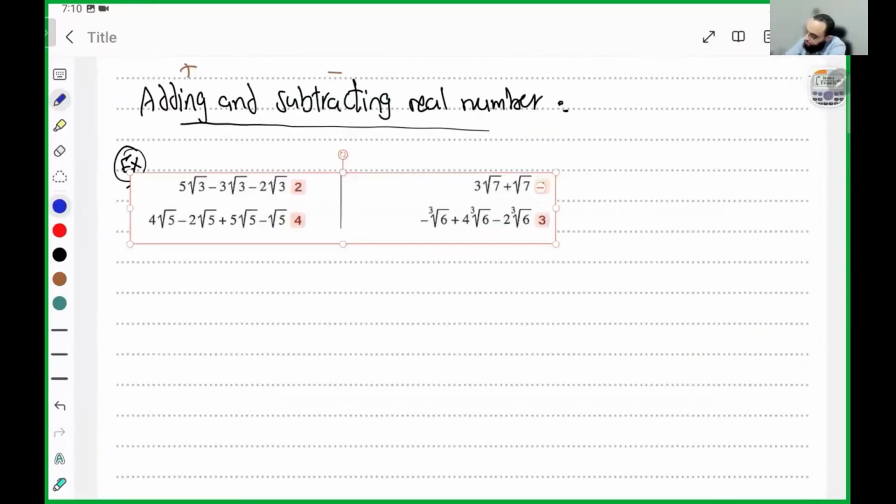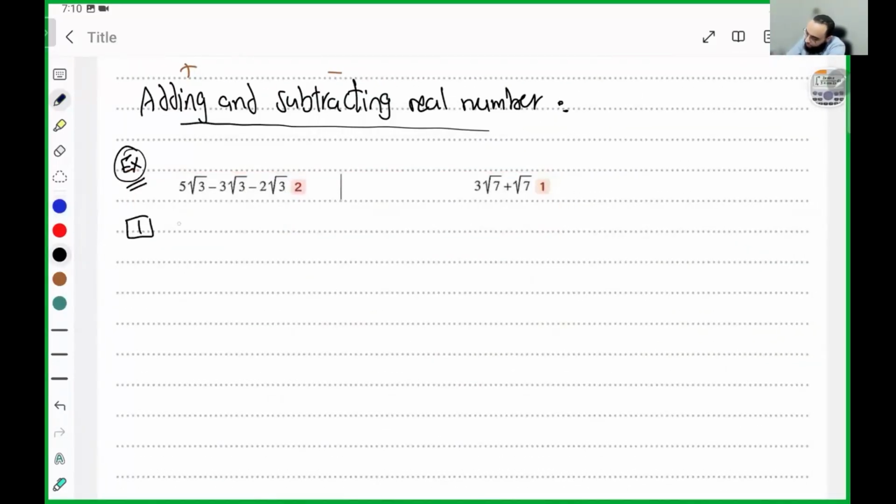Something like the first example. 3 root 7 plus root 7 equals. Answer with me. 3x plus 4x equals what? 7x. And if it is 5x plus x, something like 1 here, but we didn't write the 1, then 5x plus 1x equals 6x.